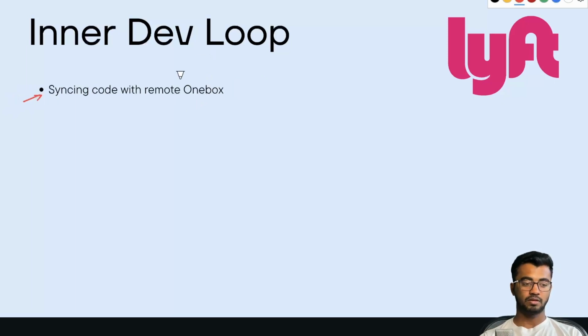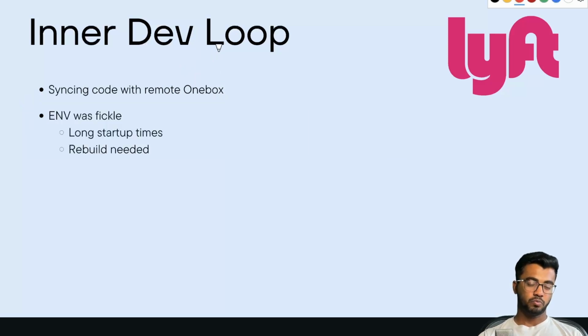The environment was fickle, it sometimes took a lot of startup time, and sometimes it was failing with a lot of build errors, and it needed a lot of rebuilds at the start of the inner dev loop for a developer. That was very painful, because a developer doesn't want to wait for things to get fixed. They think, okay, I will use whatever I have available, and that is why they were resorting to the outer dev loop at each iteration.